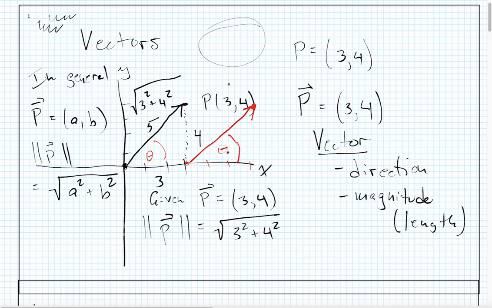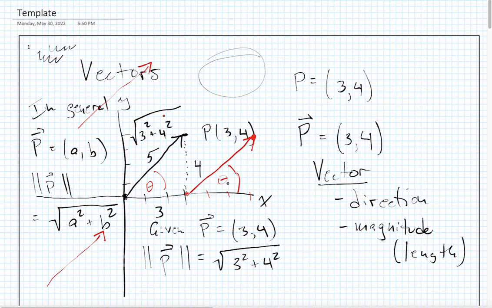It's also got the same length. So in fact, when we are given a vector like this with a direction and a magnitude, we're actually free to move it wherever we want. Okay, these are all the same vectors right over here, like that.